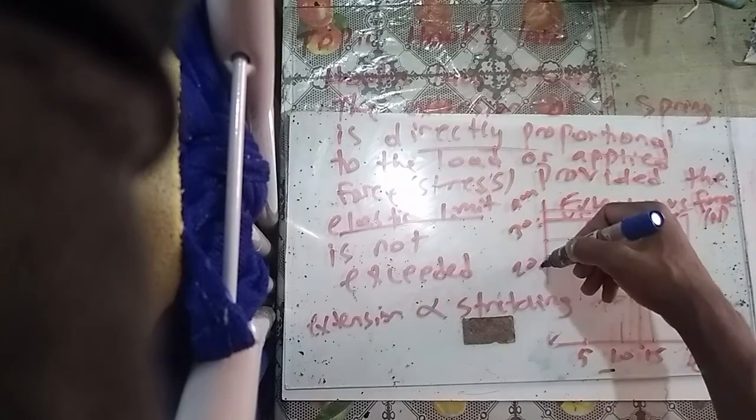If I take off 5 newtons of force, I come down to 20 centimeters. I take off 10 more, and I'm coming to 17. I take off more, and I'm at 5 newtons now, and I'm at 10 centimeters. So if I increase the force, the extension distance goes up. If I decrease the force, the extension distance goes down. And this is what directly proportional means.